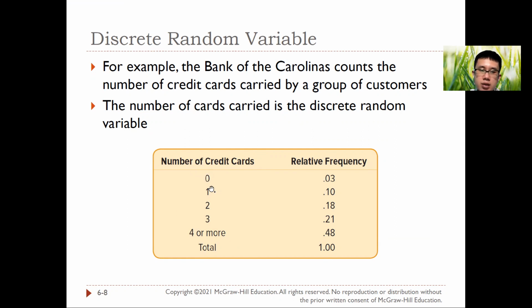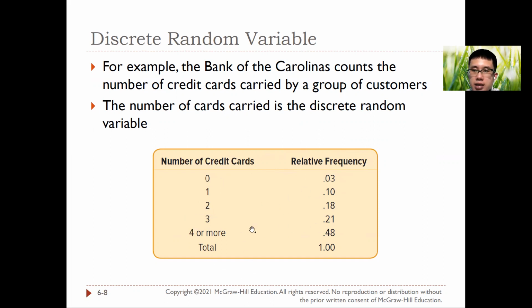There are 0, 1, 2, 3, and the last class is 4 or more. And here is the relative frequency of each of these numbers. For example, for 0, the frequency is 0.03, and then for 1 it is 0.1, and so on.